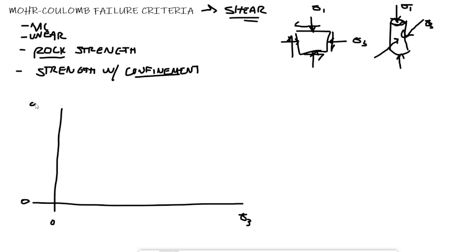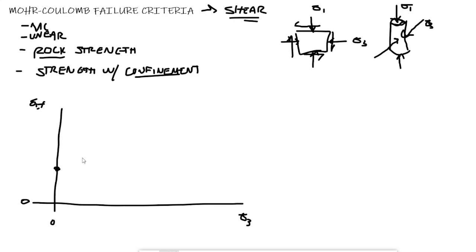And then here you'll have sigma 1, that principal stress, and we'll put as an additional subscript F, indicating that this is the maximum principal stress when it failed. And so you go through and you'd start collecting data. You'd start with a UCS, uniaxial compressive strength test.